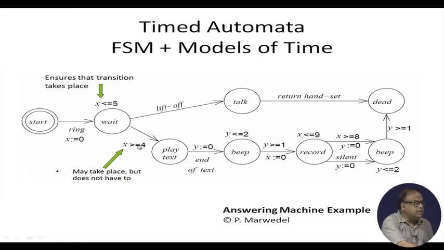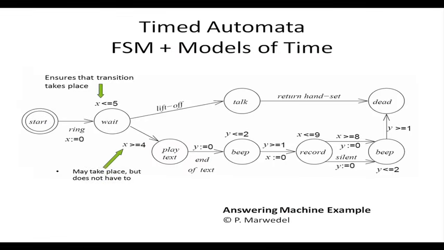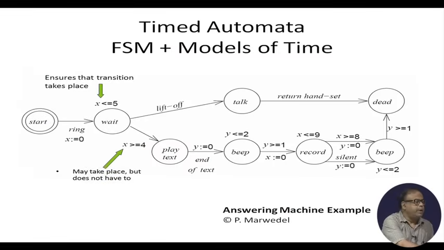So, along with this, we can put in time as a variable along with FSM, that is timed automata. There are different other ways also of representing time and capturing the temporal behavior of embedded systems, but here is one example that we are showing.